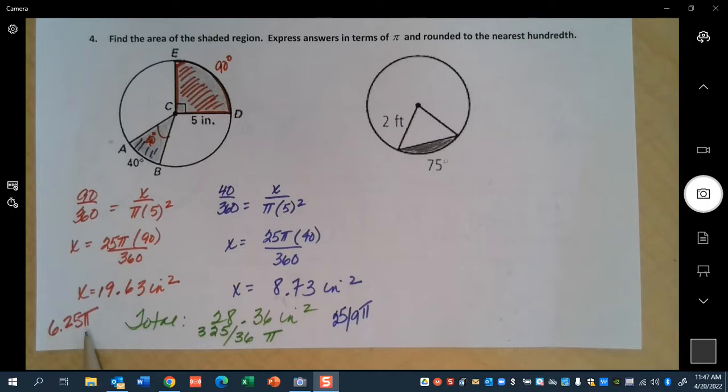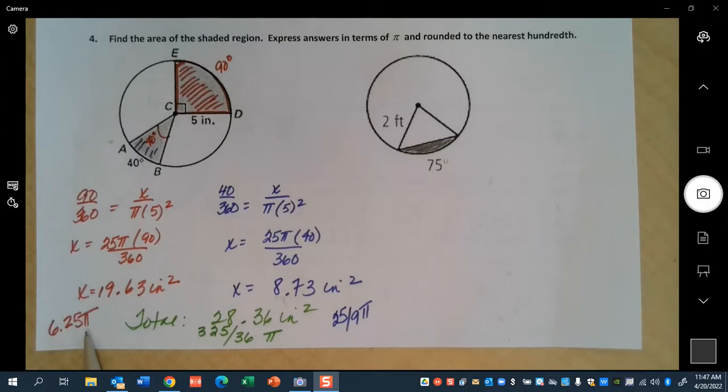All right, when we talk about my purple area, 40 out of 360 degrees, that's going to be 1/9. So if you want to, you can just take 1/9 of the area. Now, what's interesting, if I have a 1/4 and a 1/9, I can look at these two things and see if that makes sense, whether I better had gotten a smaller answer for this one than that, just proportionally.